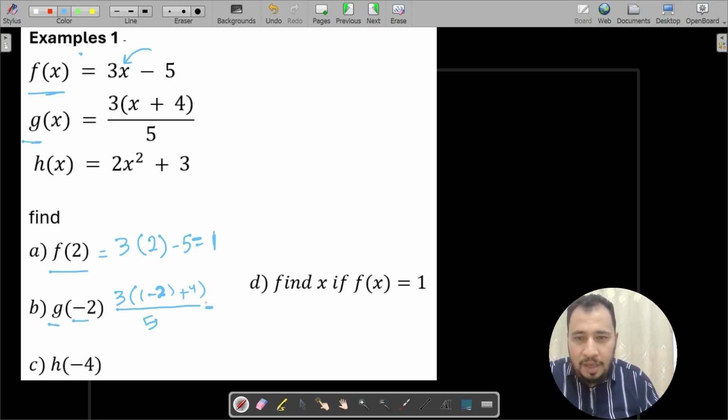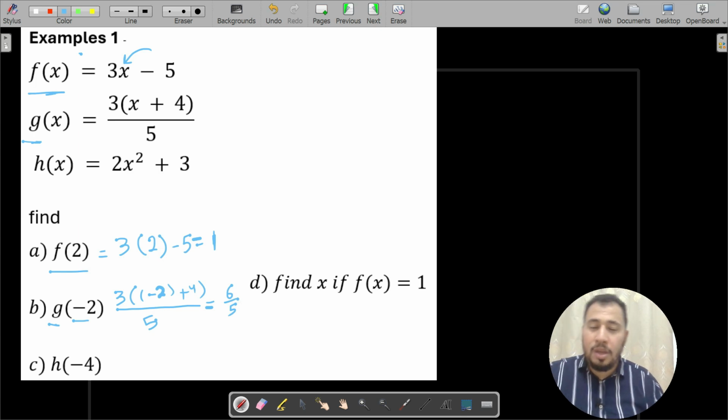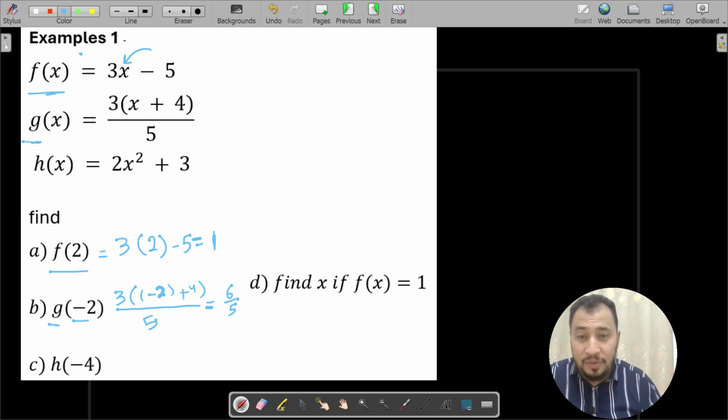And when you do the calculations, the answer is going to be 6 over 5. It's better to write it always as a fraction. If you want to write this as a decimal, it's fine. But if you have a denominator of 7 or 3, it will be very hard to write it as a decimal. So it's better always to write your answer as a fraction in simplest form.